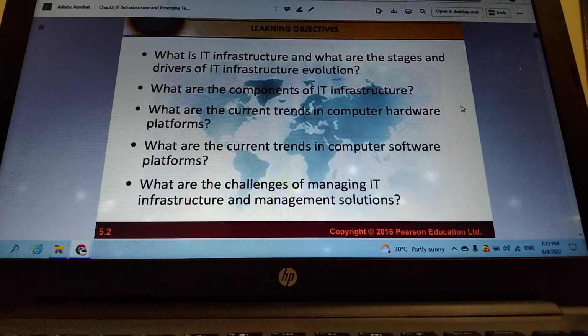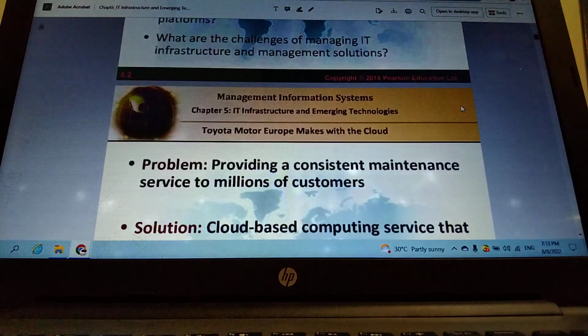We will continue our discussion with the current trends in computer hardware platforms, the current trends in computer software platforms, and also we will take a look at the challenges of managing IT infrastructure and management solutions. So these are some of the objectives.